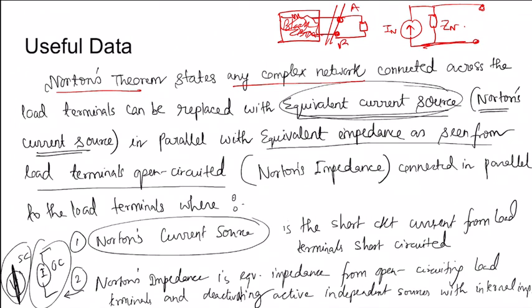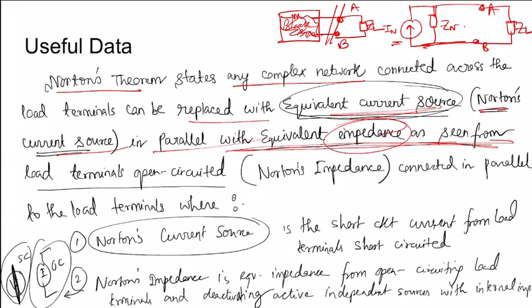Then you have the same two terminals A and B, and you can reconnect the same load ZL. So it is replaced with Norton's current source I Norton in parallel with Norton's equivalent resistance or impedance, as seen from the load terminal. This impedance is then in parallel with the load ZL.